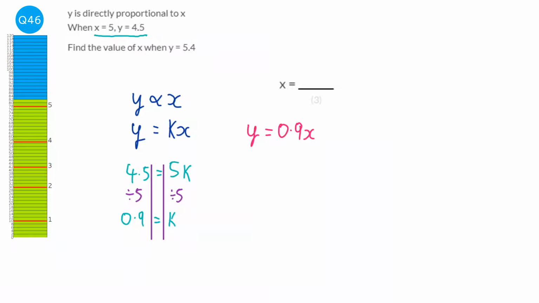So to find the value of x when y is 5.4, I'm just going to replace y with 5.4, and just a matter of solving again. So get my lines in, and I'm just going to divide both sides by the 0.9 to find out what x is. And when I do that, I find that x is 6.